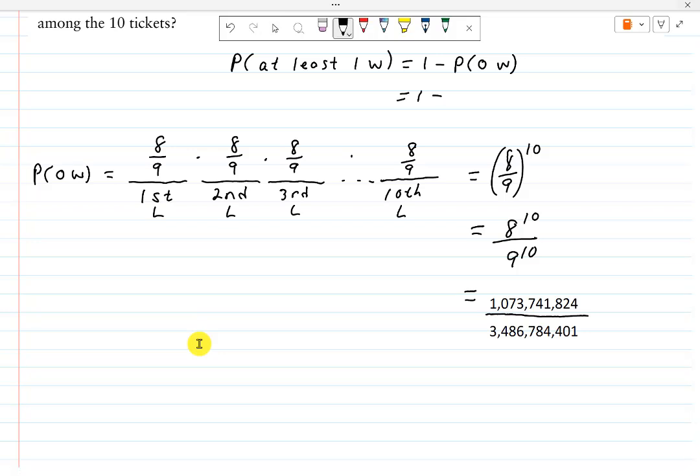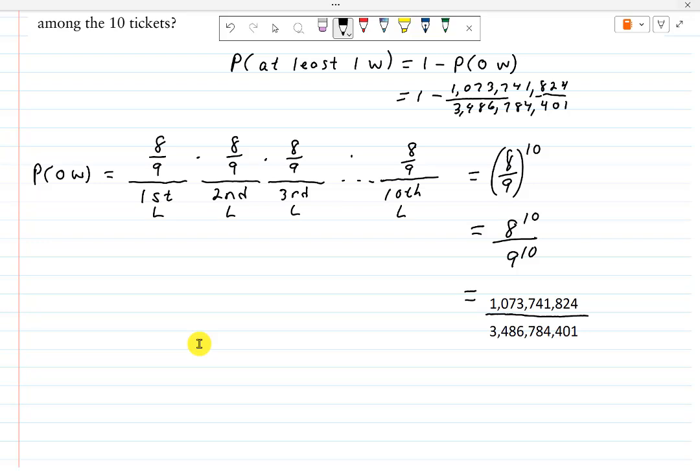I have 1 minus 1,073,741,824. That's the numerator, and that's divided by 3,486,784,401.